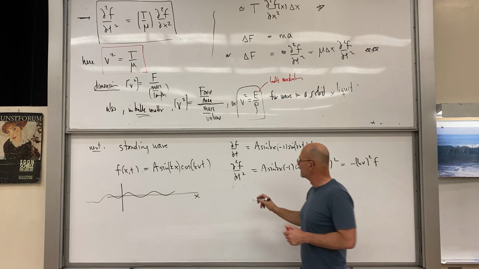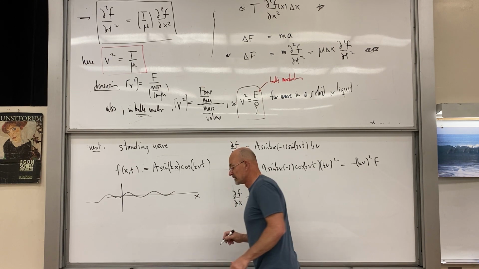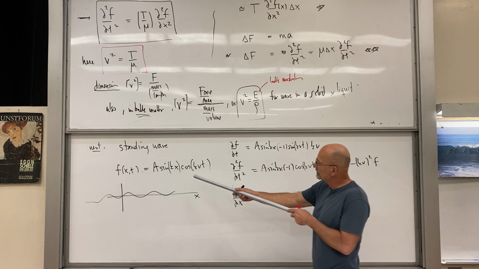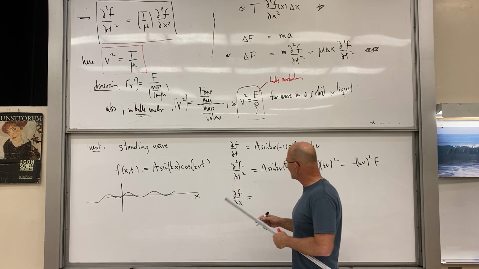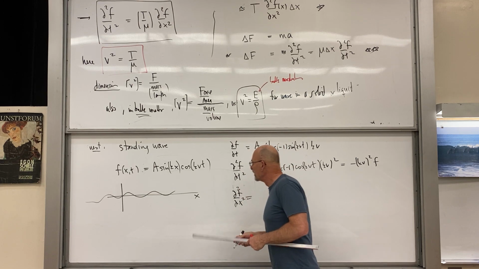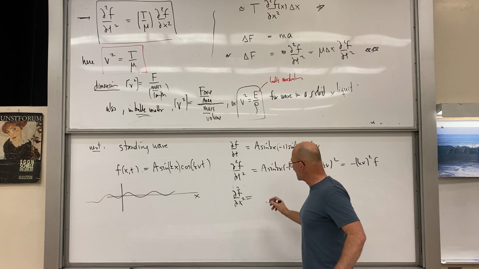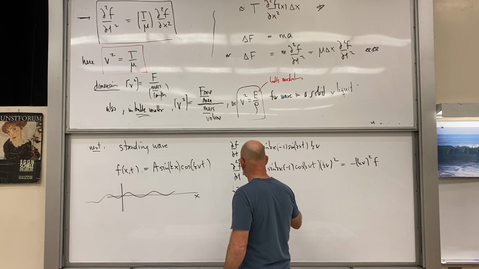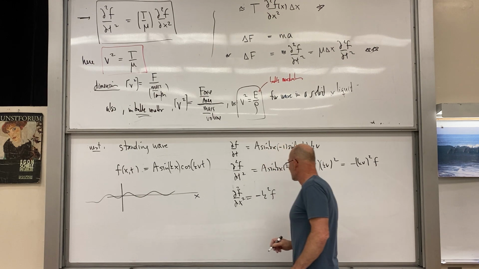Now what about df dx? So df dx, we've got the cosine, bring the k out, do it a second time, we get minus sine back, and we get another k, so it's minus k squared f.